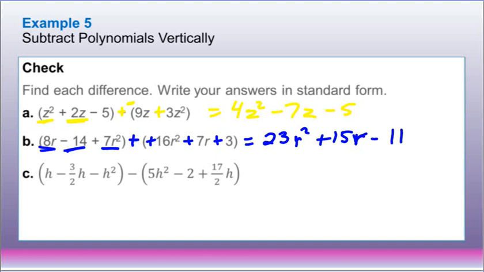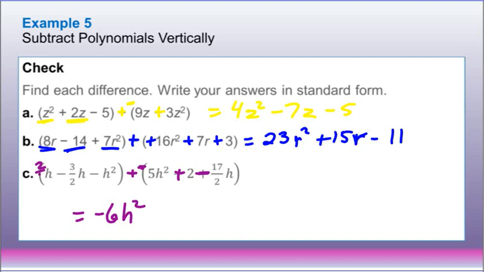And then our last question, we just change all the signs, so plus a negative, plus, and a minus. So I have negative 1h squared plus a negative 5h squared gives us a negative 6h squared. Here I can combine h and negative 3 halves h.